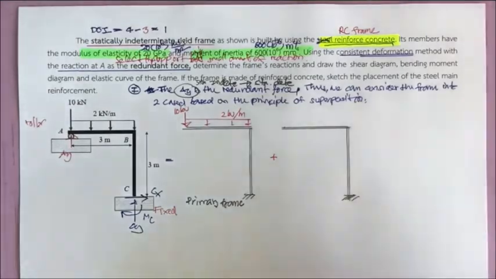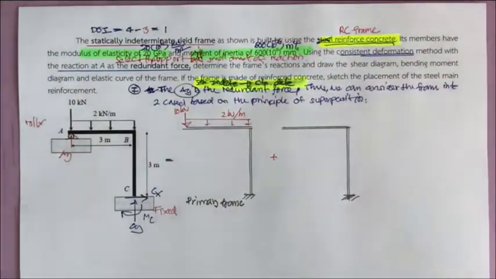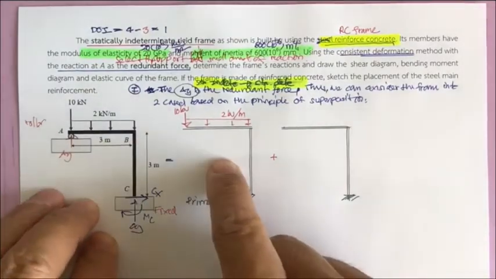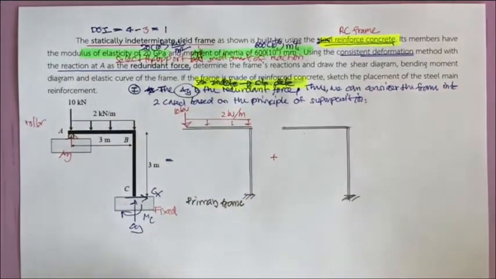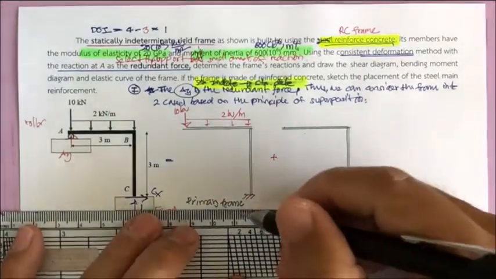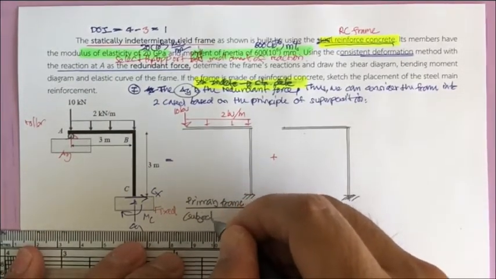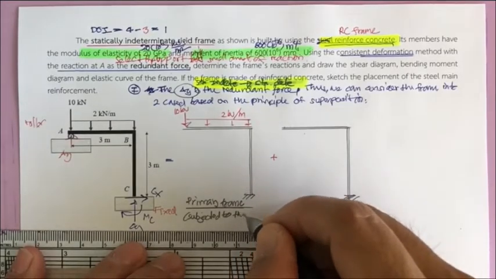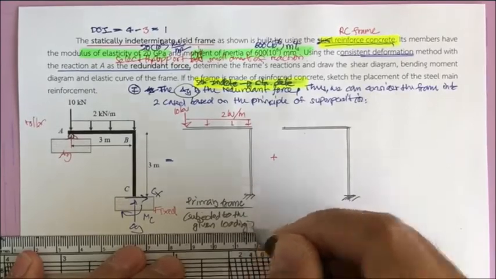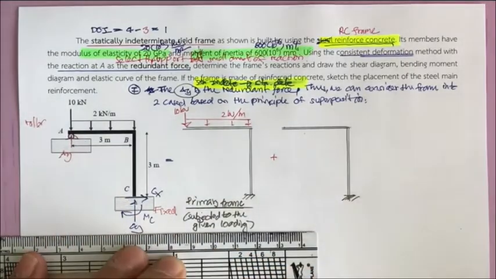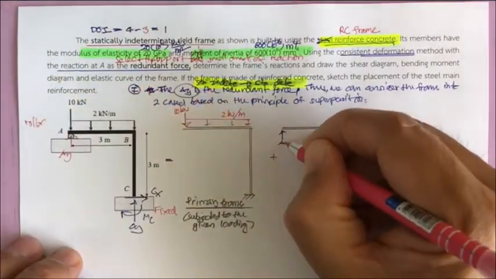So it's important, when you select the redundant force, your frame changes from statically indeterminate to statically determinate, and you use the principle of superposition to separate the frame into 2 cases. One is called the primary frame, which is subjected to the given loading, and another one is subjected to the redundant A sub y.